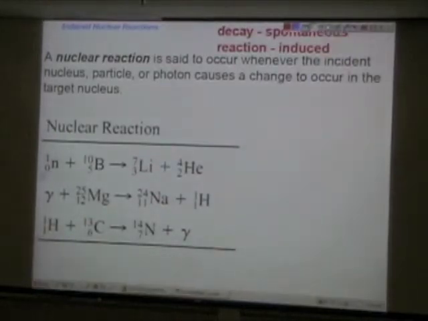If you add together the number of protons before the reaction and after the reaction, you must get the same number, because charge cannot disappear. So in any reaction, like 0 plus 5 equals 3 plus 2, or, well, this gamma represents a highly energetic photon. A photon doesn't have any charge, so the charge is 0. 0 plus 12 equals 11 plus 1.